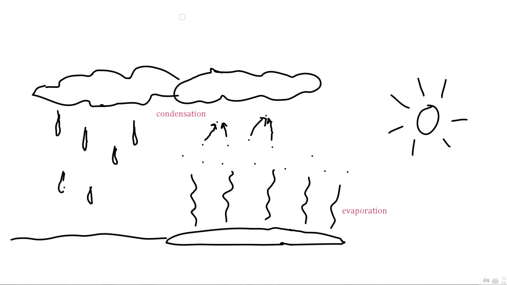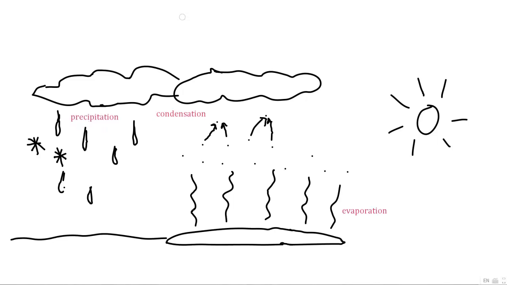So this is a raindrop. This could also be a snowflake if it's cold enough outside. It could be wintry mix. Midwestern weather gets really creative with our precipitation, and that's what this process is. So let's draw this out here.